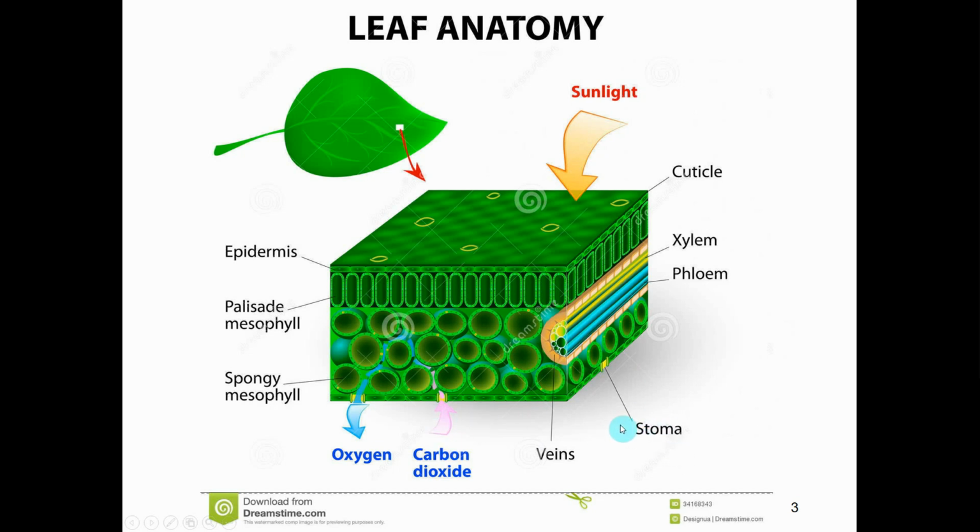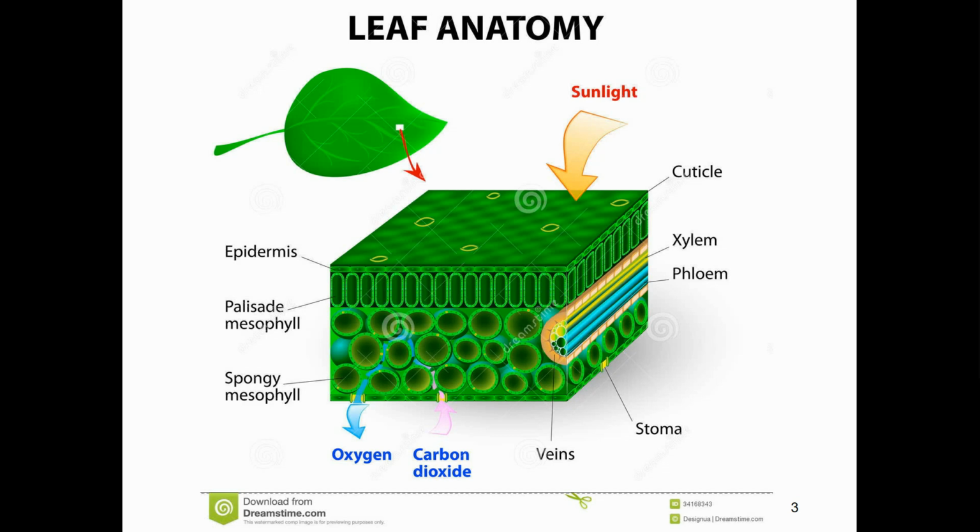Don't get confused, it's stomata. Carbon dioxide is going to come in through the stomata and oxygen is going to come out. So basic. All right, so we know that this is specifically designed to handle photosynthesis.